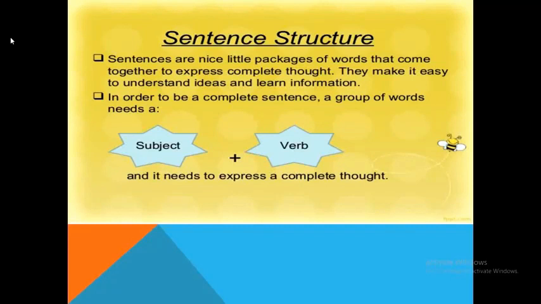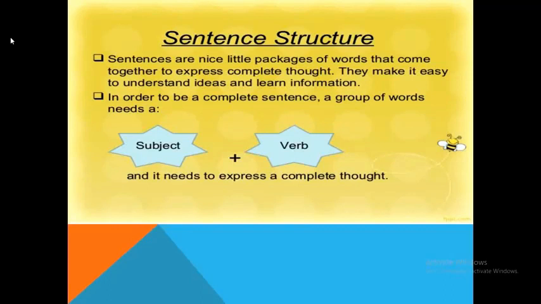Here we can put a subject and a verb. For instance, let's take a subject, a tractor, and a verb, was cutting the field, right? So a tractor was cutting the crops in the field.